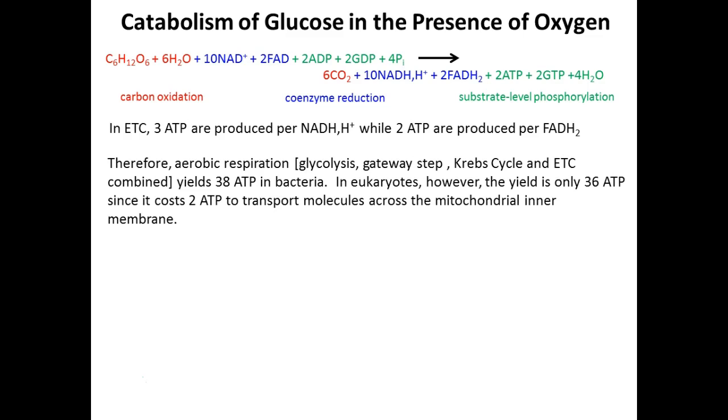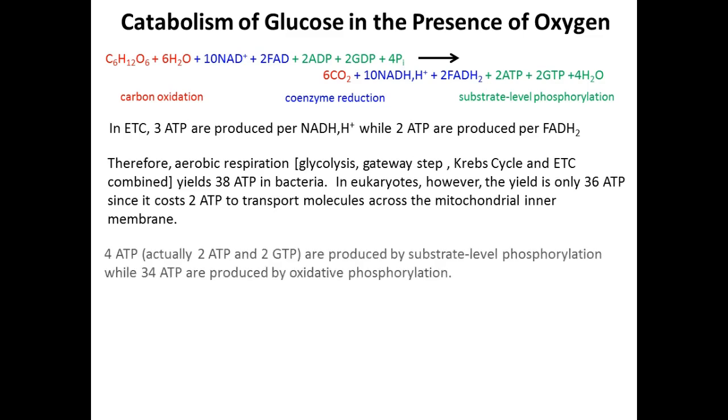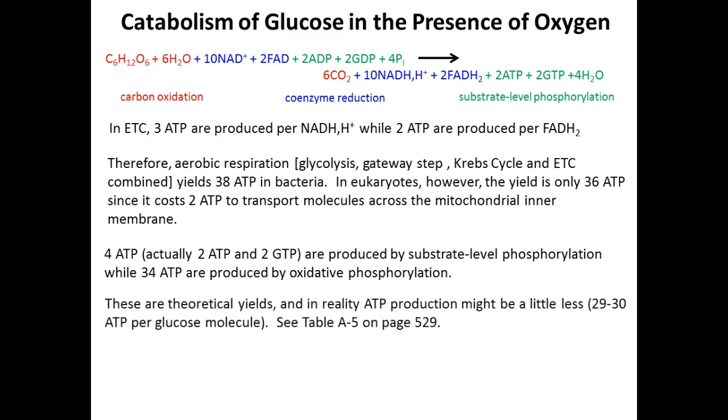Glycolysis happens outside the mitochondria, and with that movement inside to the mitochondria, we lose some energy. As I said, 4 of them are produced at the substrate level, and 34 are produced at the oxidative level. Now that's theoretical. Actual yield is more like 29 to 30 per glucose molecule.